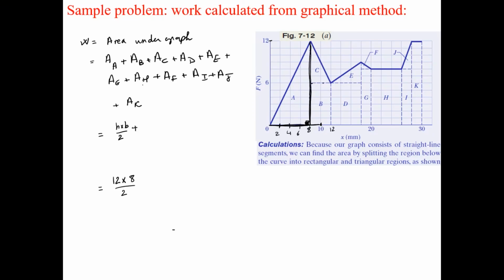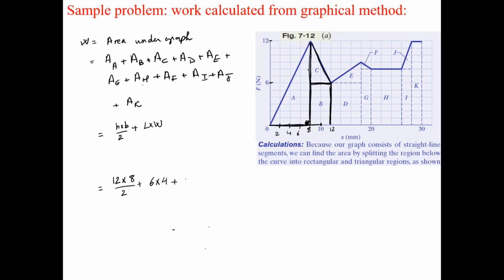Plus the area of section B, look at it, it's a rectangle. What's its area? It's just length times width, where the length is this side, which is 6 newtons, and the width is this side, which is 4. Plus the area of section C, here it is.